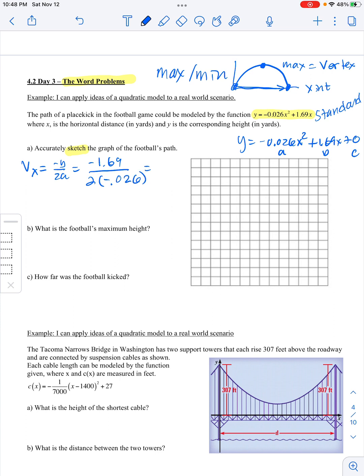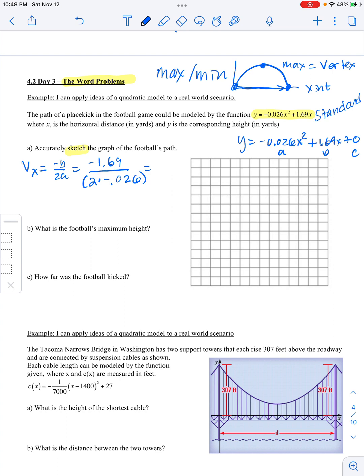So this is definitely a calculator thing. When you go to do the bottom of this one, you want to make sure that your calculator knows that it's negative 1.69 divided by this entire thing, so 2 times negative 0.026. The parentheses are showing it that it needs to divide by everything.